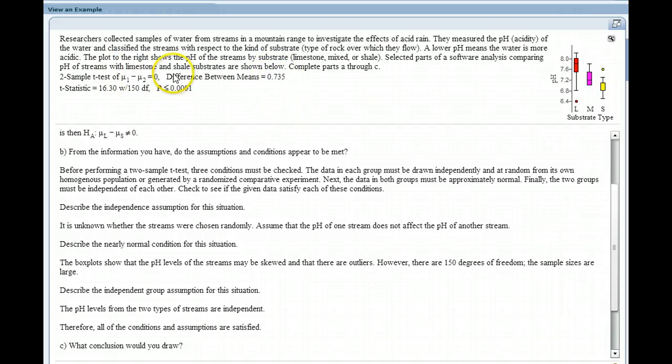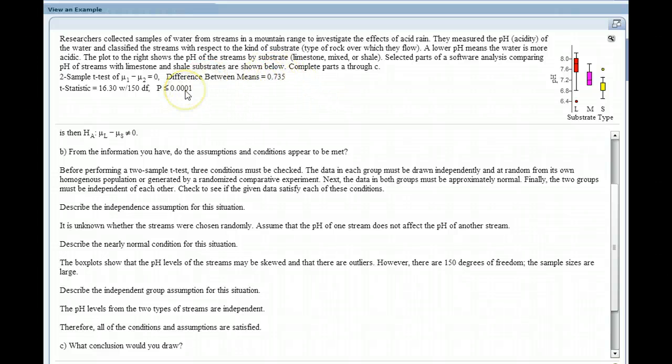Putting that in more practical terms to this problem, this probability is a 1 in 10,000 chance. So what we are saying is, if the difference between these two was 0, there's a 1 in 10,000 chance of you getting a difference this size.